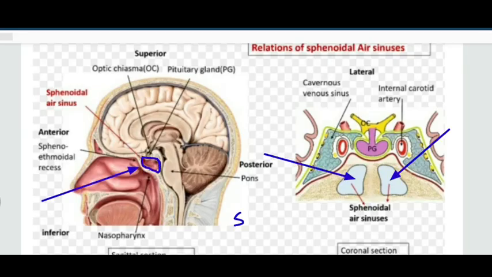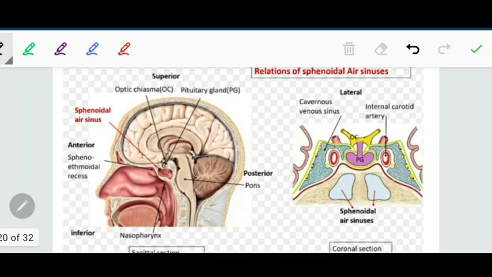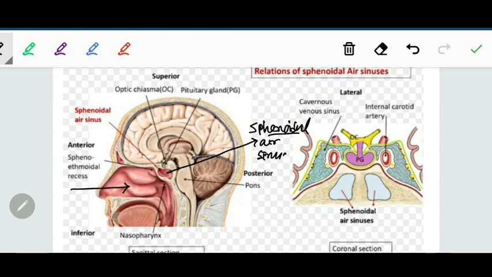Now let's discuss the sphenoidal sinuses. The right and left sphenoidal sinuses lie within the body of the sphenoid bone. This is the sphenoidal air sinus. Both the right and left are present within the body of the sphenoid bone, above and behind the nasal cavity.